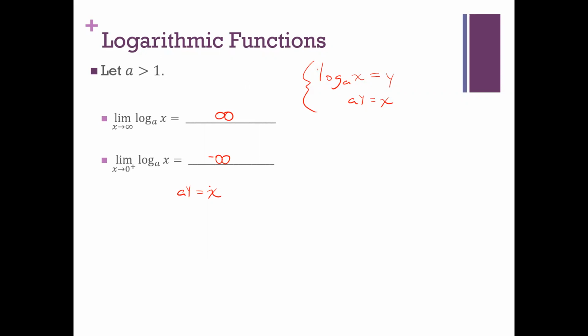There's no positive number, let alone a number bigger than 1, that I can raise to a power and get 0 back. So I can look at the limit as x approaches 0, but I can't look at what happens when x equals 0. Are we okay with the fact that this limit is negative infinity?